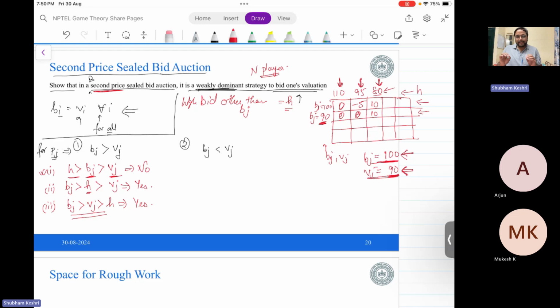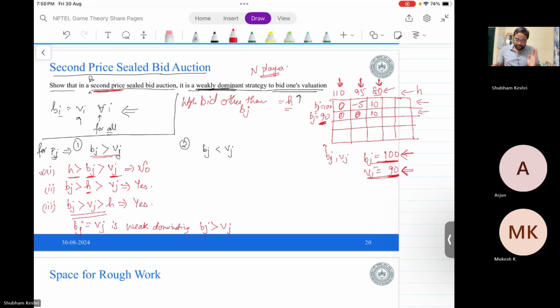So bidding bj equal to vj weakly dominates bj greater than vj. We have established this fact.